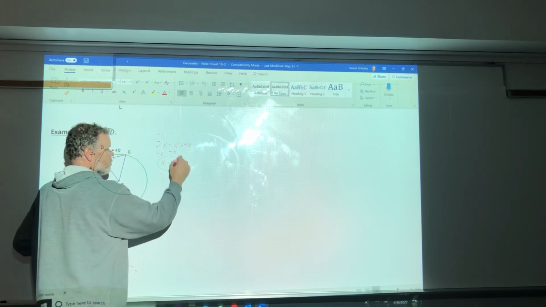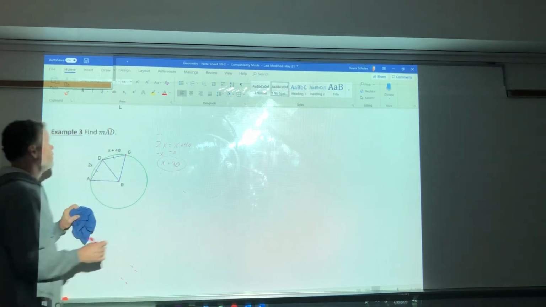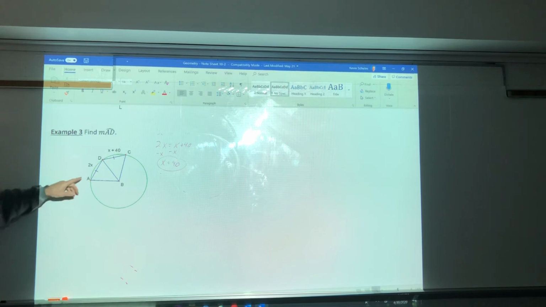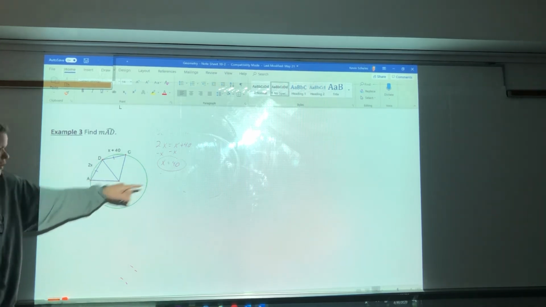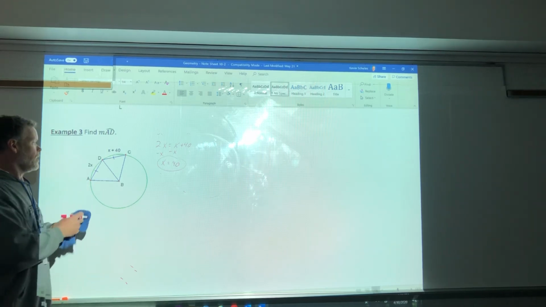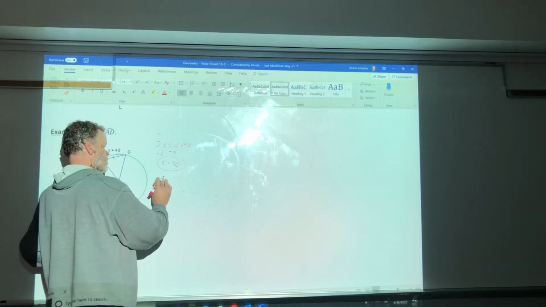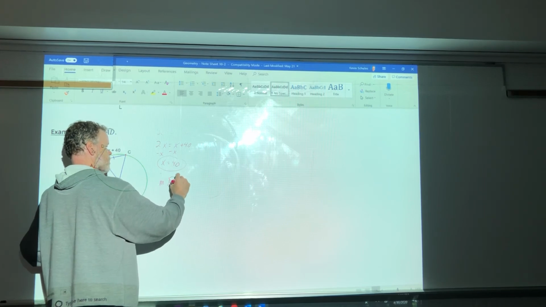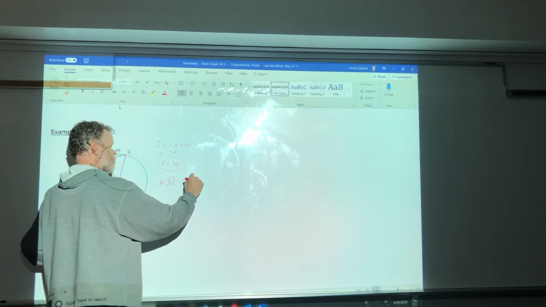X is going to equal 40. Okay, and they wanted you to find the measure of AD, so we know if x equals 40, 2 times x, or the measure of AD, is going to equal 2 times 40.